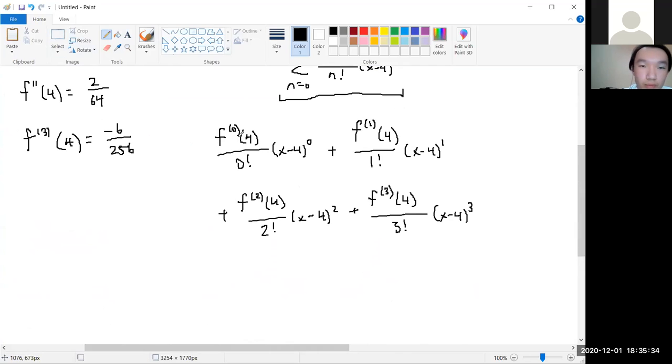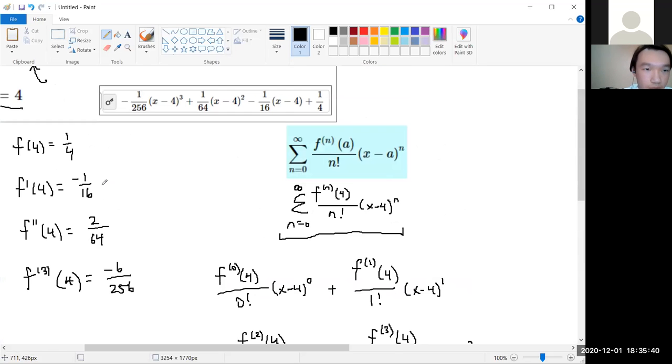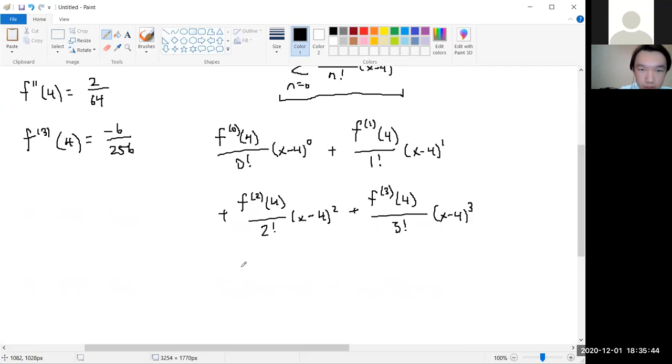So f0 of 4, what was that? That was this number here. That was 1/4. So this is equal to 1/4. 0 factorial is just 1, and then x minus 4 to the 0 power is also just 1. So this is just 1/4.